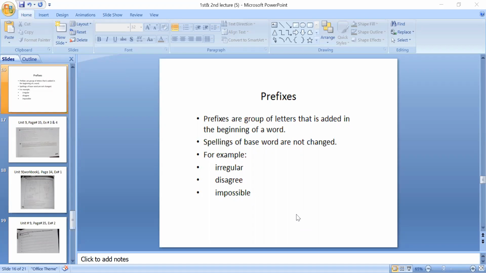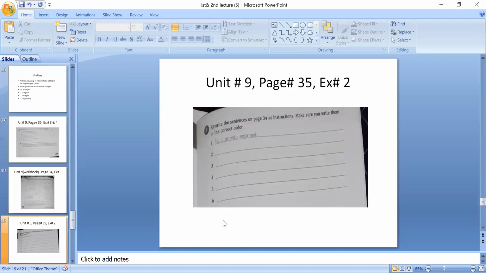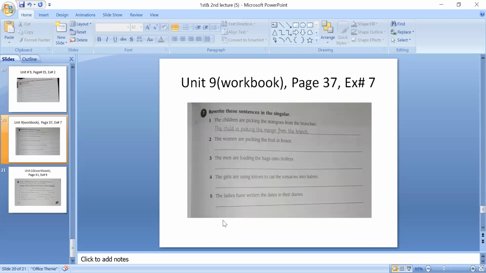Now you have to do the second sentence. The women are packing the fruit in boxes. Women is plural. Are is plural. Boxes is plural. Yes, Yashad. Now, the woman, W-O-M-A-N.